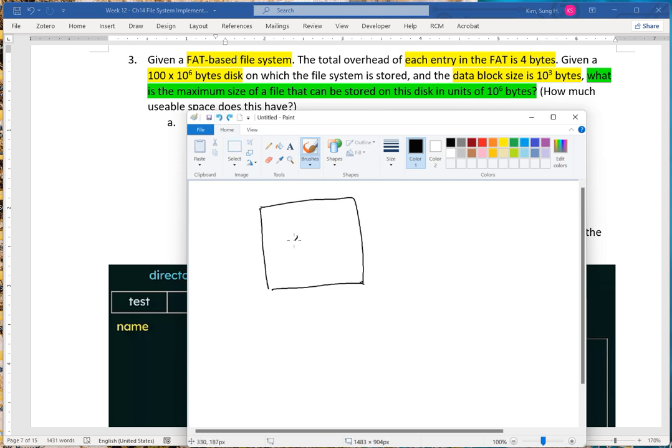What is the largest file size that can go into this 100 megabytes? There usually is an operating system on your storage device, but we're going to pretend it doesn't exist, which is not true, but for the sake of this problem, we're not going to worry about that.